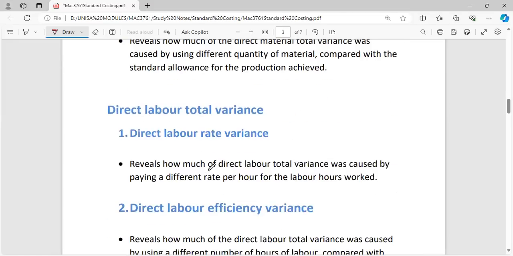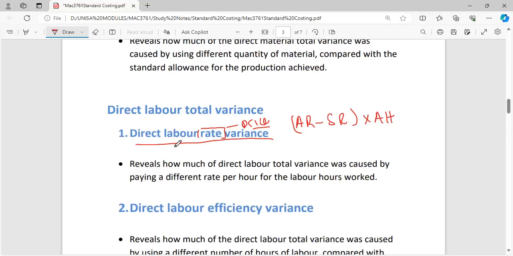The same applies even here. When you are doing a direct labor rate variance, it means per hour, the money that you are going to pay per hour, which is the same as the price per hour. It's going to be the rate per hour. So in the direct labor rate variance, you are just looking at the actual rate minus the standard rate times actual hours that were worked.